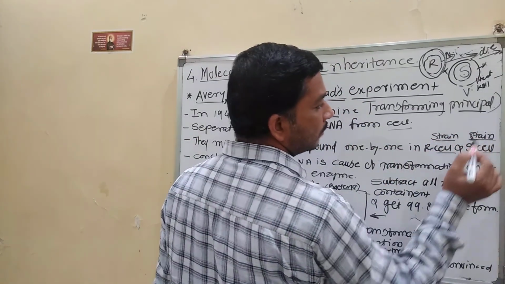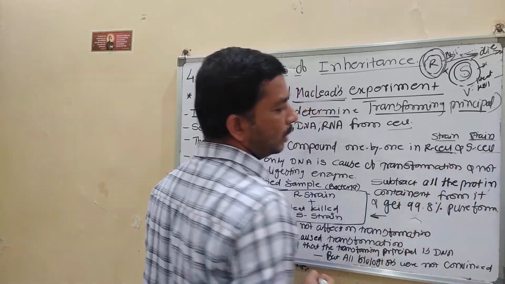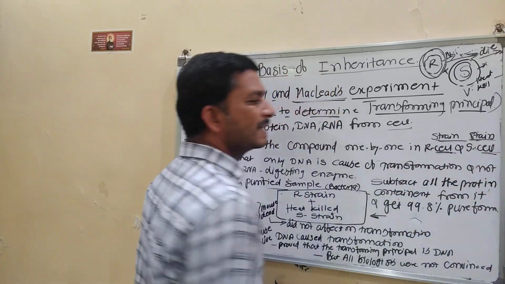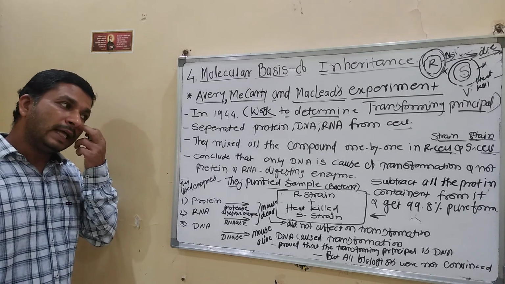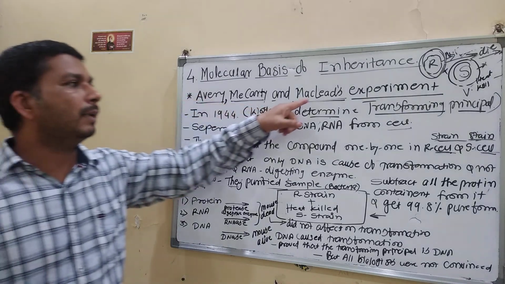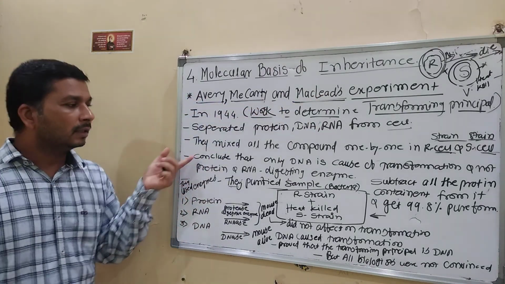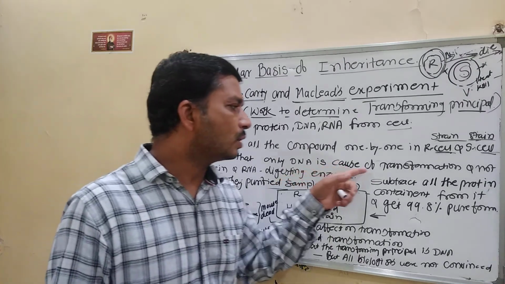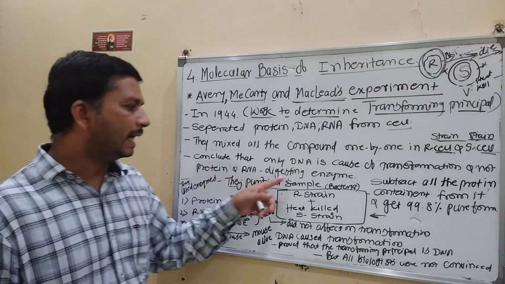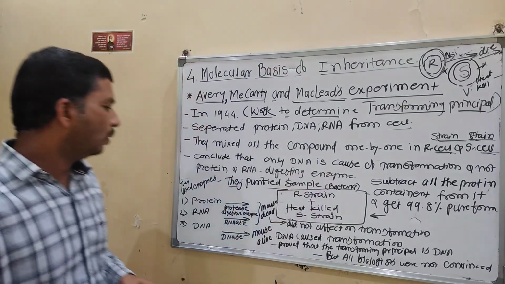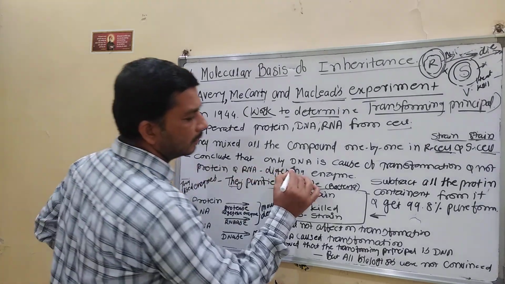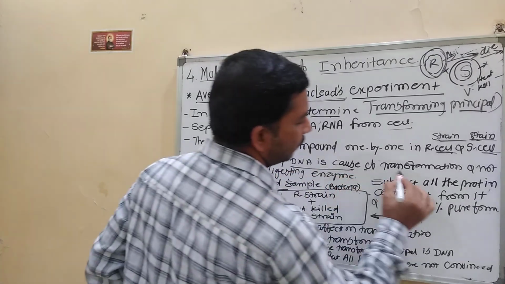I am writing here because in the book they talk about the cell, and this is a confusing factor. They concluded that only DNA causes transformation, and not protein and RNA digesting enzymes.